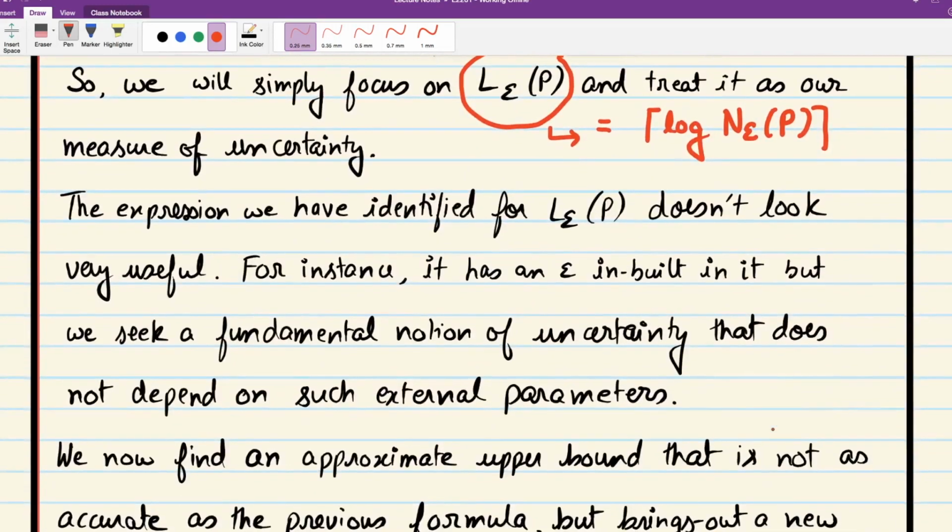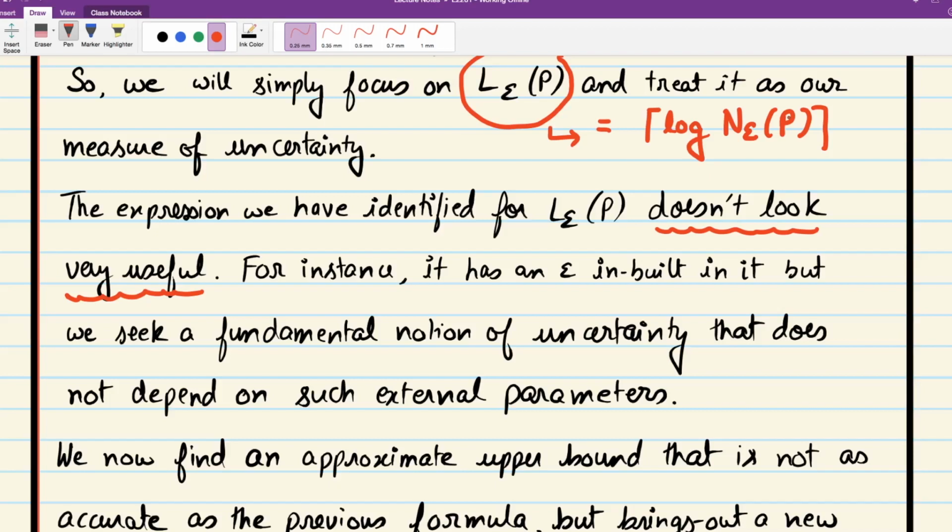So we had an exact expression for this L epsilon p, but it may not look very useful in the sense that it's a complicated formula and it still does not give us enough feeling about how we measure uncertainty. One thing we realized was that somehow this compression was related to uncertainty. That was actually our thesis. We believed that upfront. And what we realize is that a good compression scheme does the following.